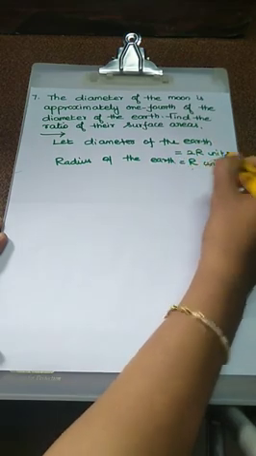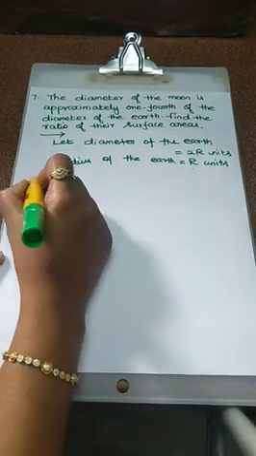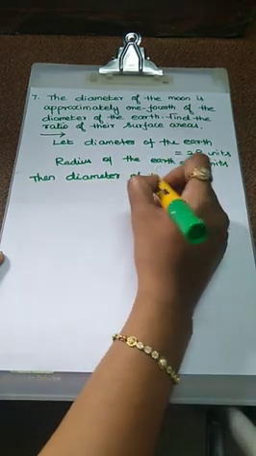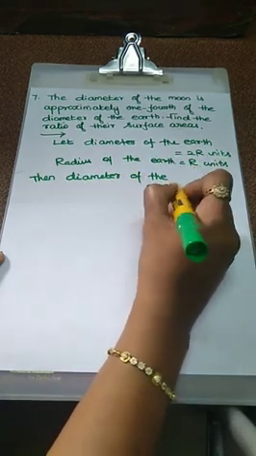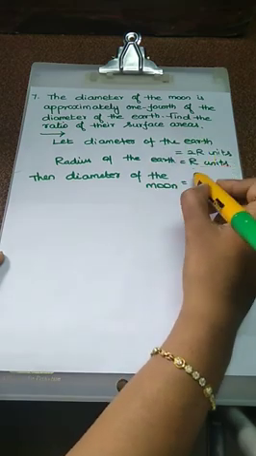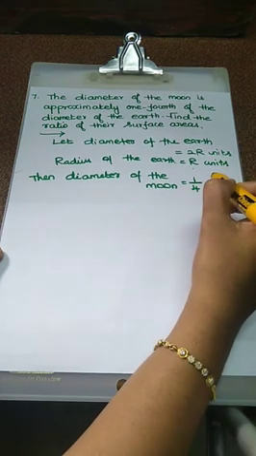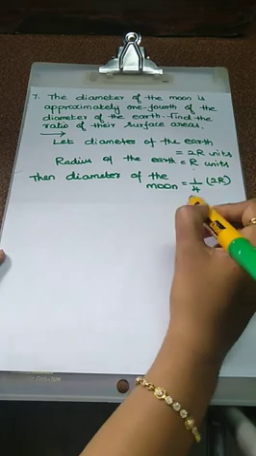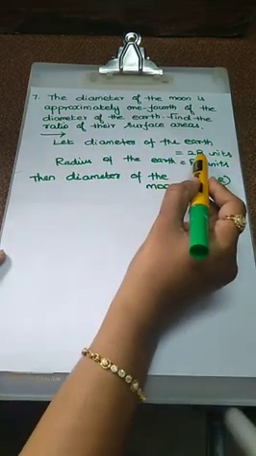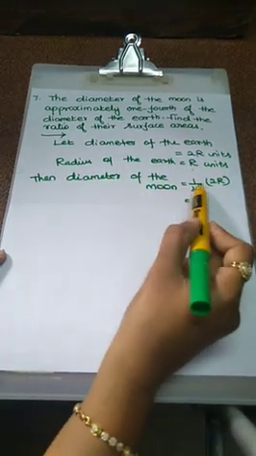Next we take the diameter of the moon. Actually the diameter of the moon is 1/4 of the diameter of the earth.